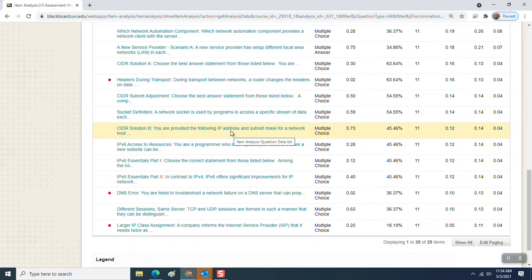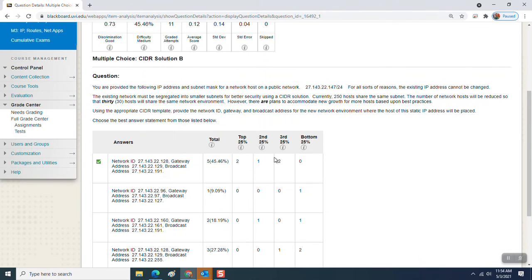CIDR Solution B. You were provided the following IP address and subnet mask for a network host on a public network: 27.143.22.147/24. For all sorts of reasons, the existing IP address cannot be changed. So you have a customer that has this address that has to remain.